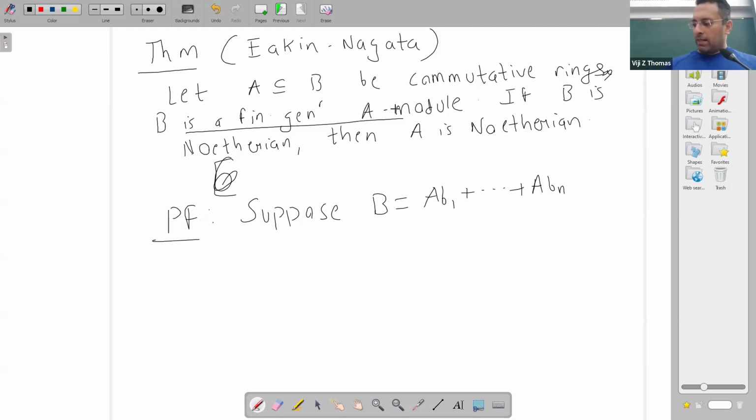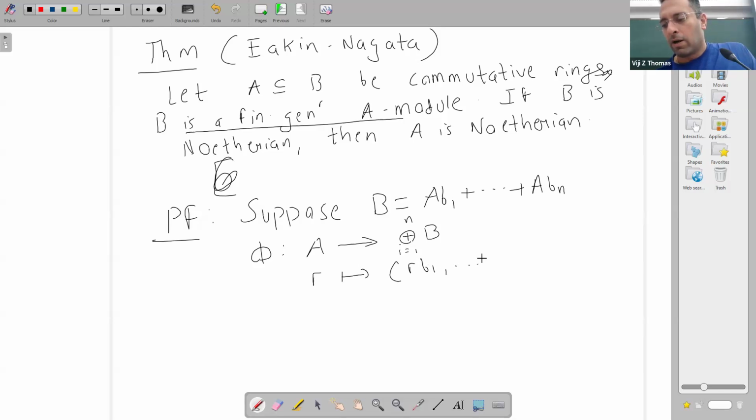Now consider this map, phi, from A to the direct sum of B's, i equal to 1 to n. How do you map? There is a very natural one: r goes to (rB1, ..., rBn).